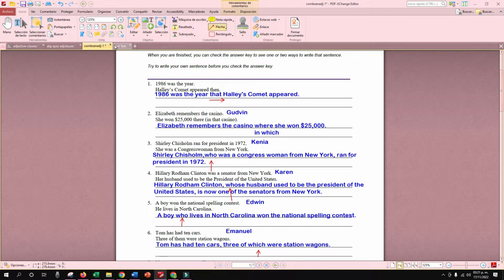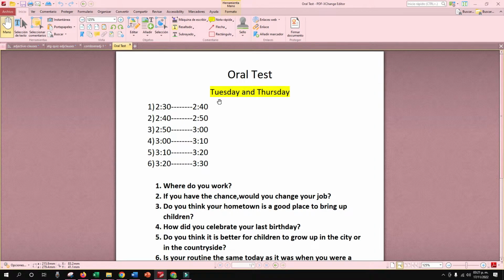So now, guys, let's check this. We have the oral test. We're going to have the oral test on Tuesday and Thursday. You are around 14 people in the class.